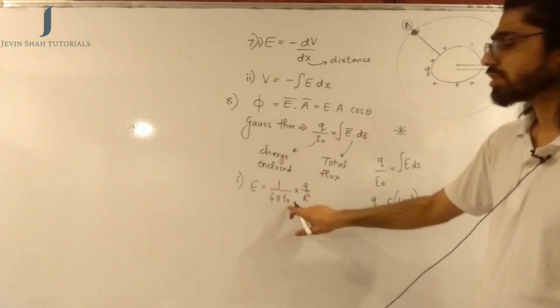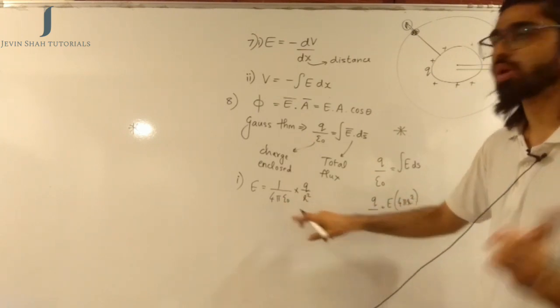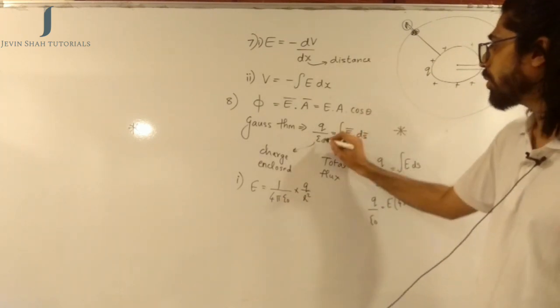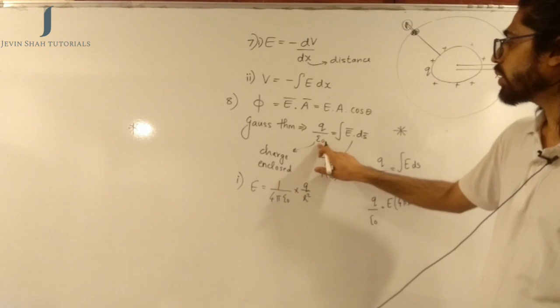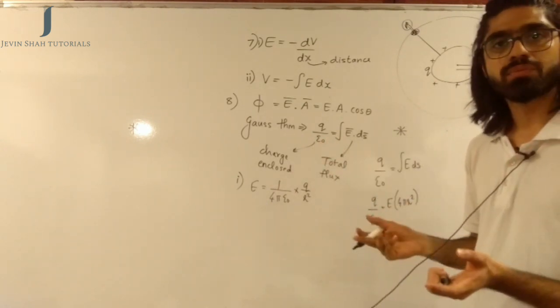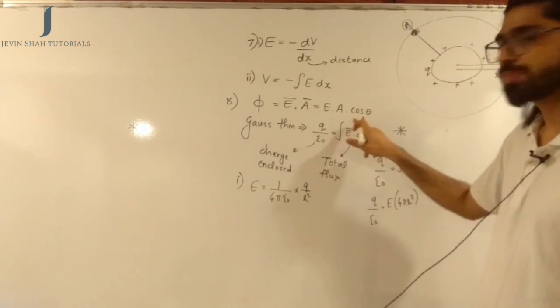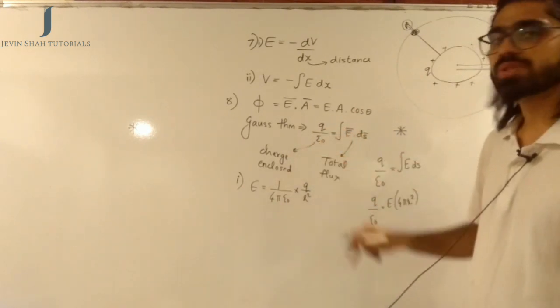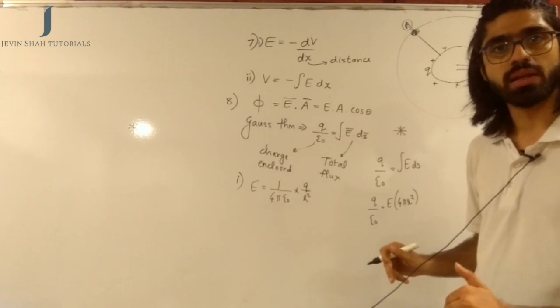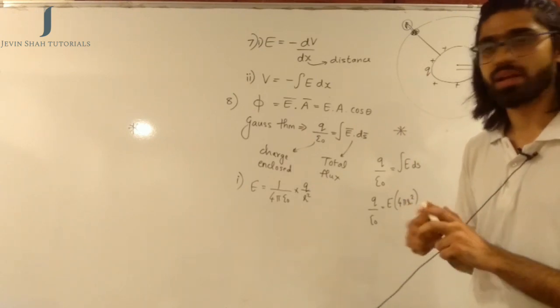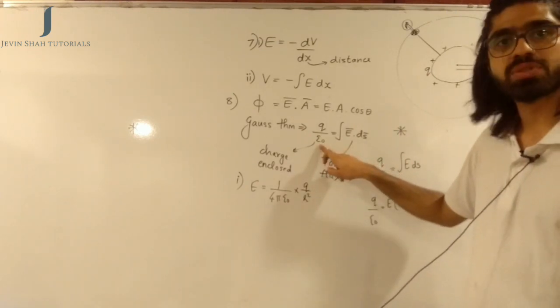Now the presence of epsilon naught brings me to an important point. So I said q upon epsilon naught, right? Epsilon naught will be the case if the medium is air. If the medium is something other than air, then the total flux as per Gauss theorem, instead of q by epsilon naught, will be given by q upon epsilon. So over here you will have q upon k epsilon naught.